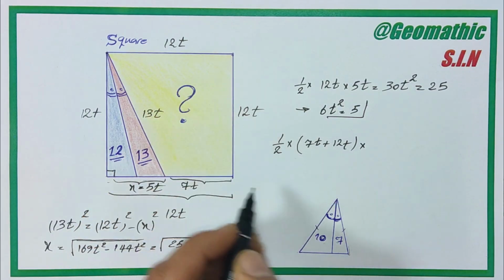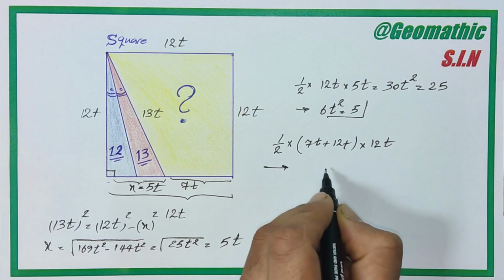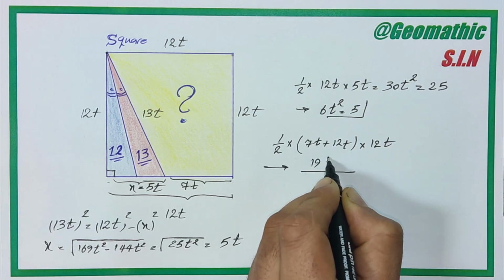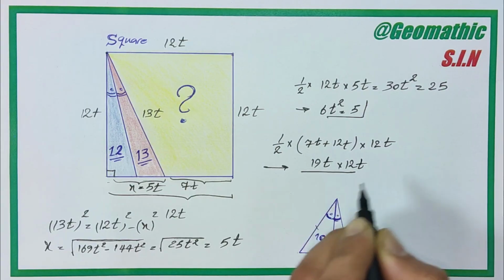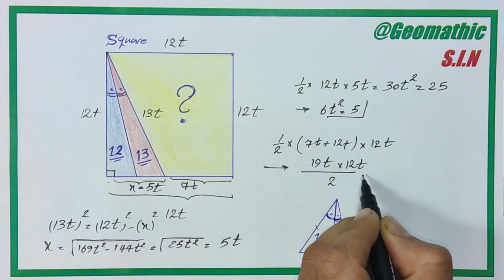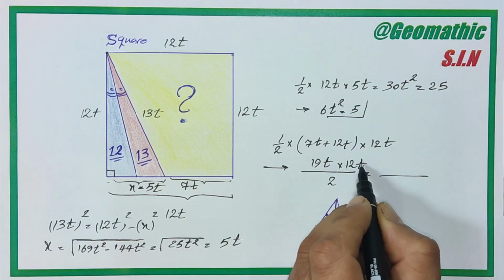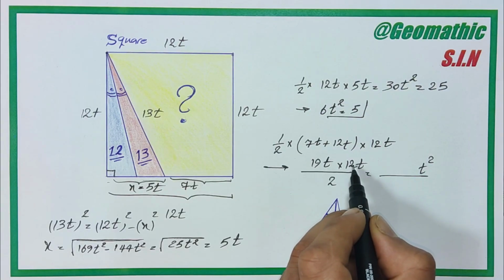70 plus 12t times the height, 12t. To simplify, I write 90t times 12t over 2. Then we have t times t equals t squared, and we factor out 2.